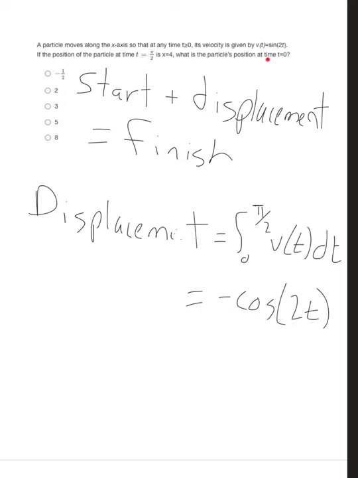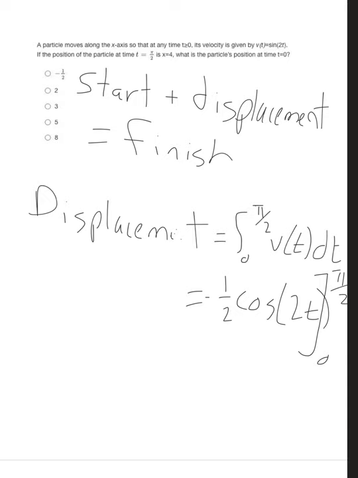Well, what's going to cancel out when I multiply it by a 2? A 1/2. So I'm going to have 1/2. And if you just think about it, what if I started here and I took the derivative? Would I get this? Yes, I would. And then it's displacement, so I need a definite integral, so I'm going from 0 to pi over 2.